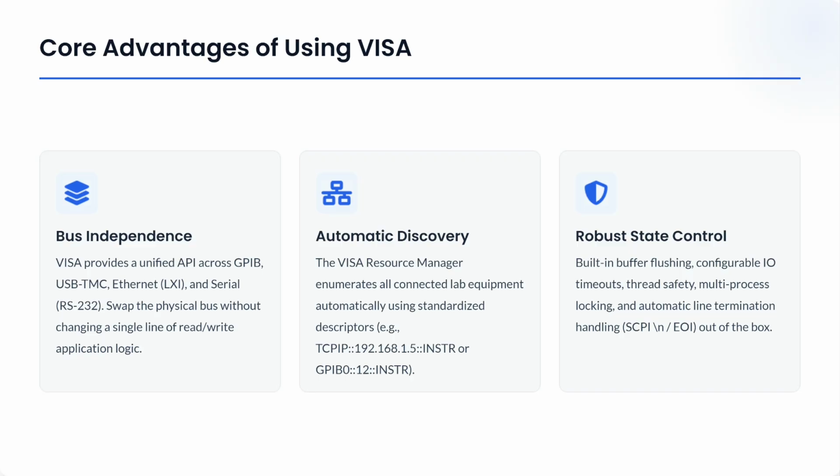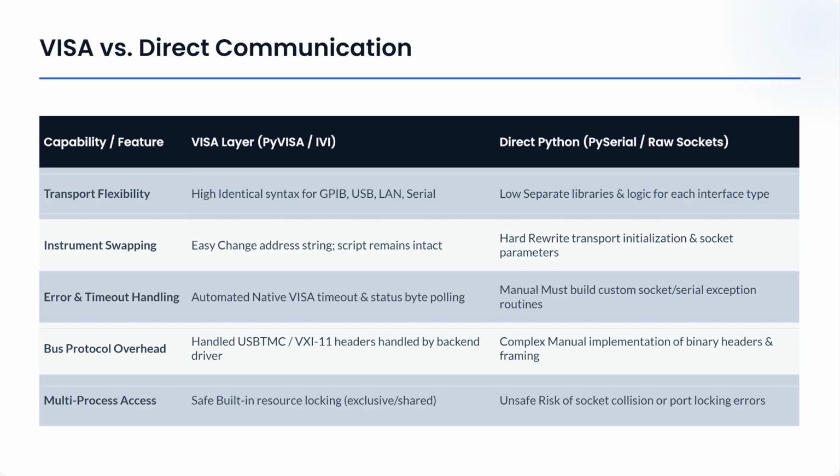We can automatically discover things if we're using something like NI MAX or Keysight Connection Expert. So there are applications out there for it. And we get this robust state of control that handles a lot of the errors and stuff for us as well. So it gives us some flexibility.